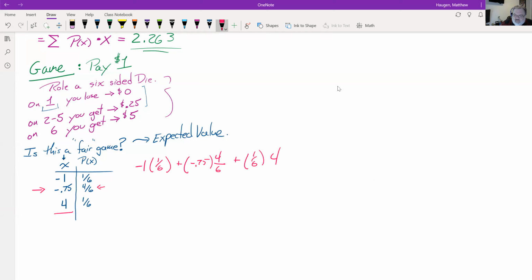A little inconsistent there with my parentheses. $4, 1 out of 6. Just to put the same thing in parentheses each time. So again, this is expected value because it's what we expect our outcomes to be on the long run.